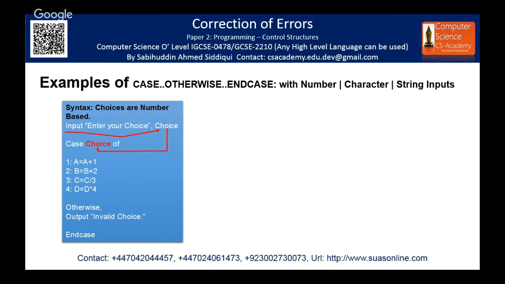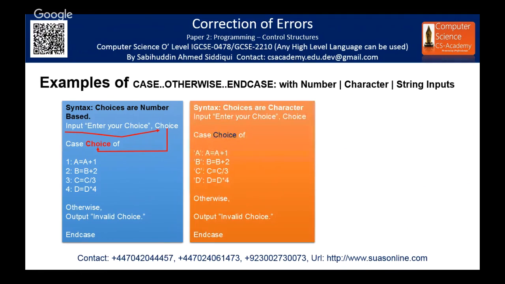Now the structure you have understood: otherwise, you have set the message invalid choice. Output invalid choice means, for example, 5 is not tracked over here, so ultimately the default message will guide you that this is an invalid choice. In that case, with the structure end case, that is your output.